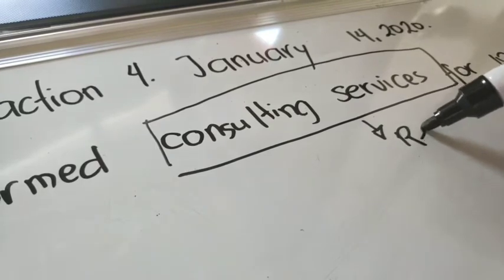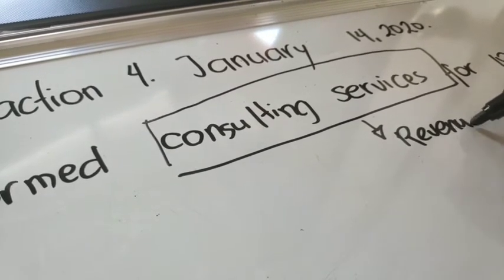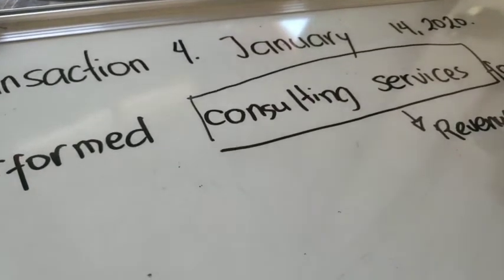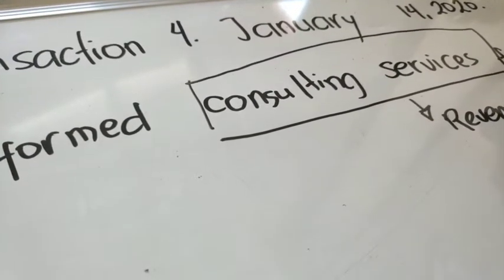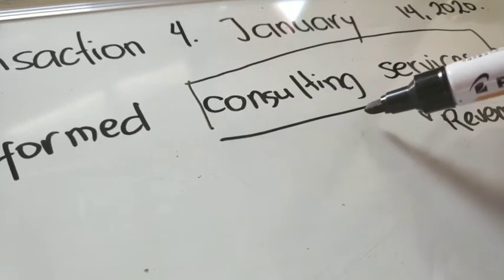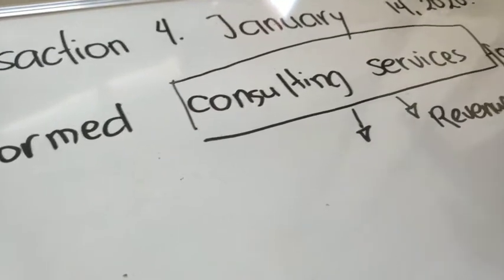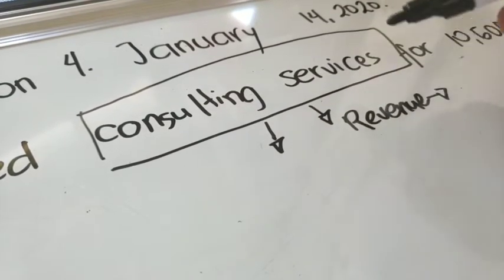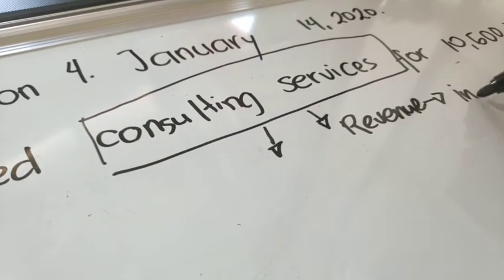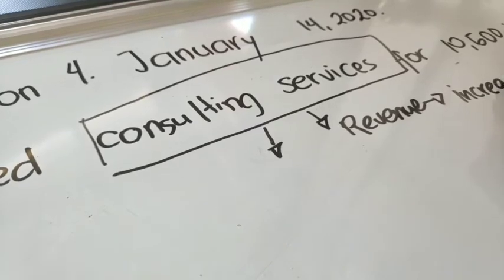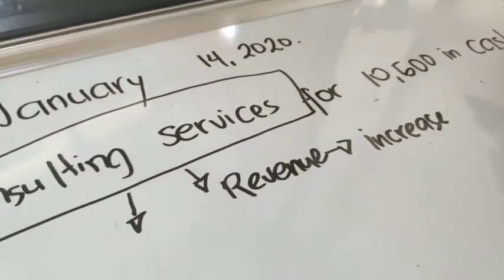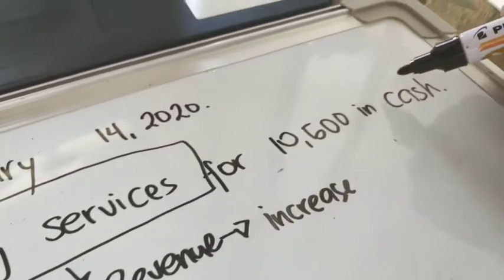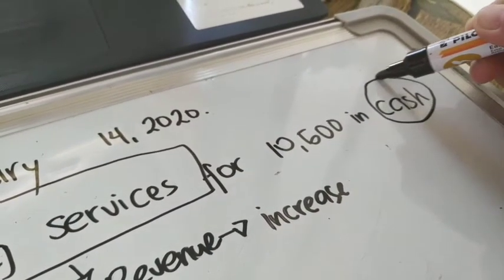So this is the revenue. When you perform consulting services, or when you perform a service for your customer, your revenue will increase. And then, when the revenue increases, there is also an increase in cash.